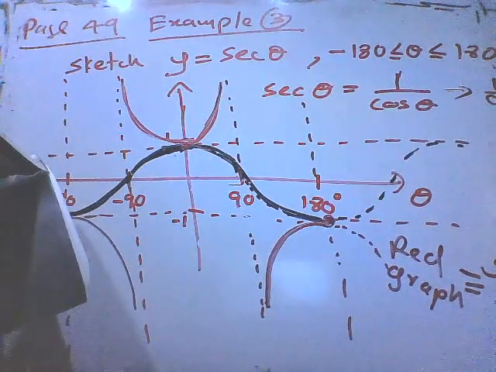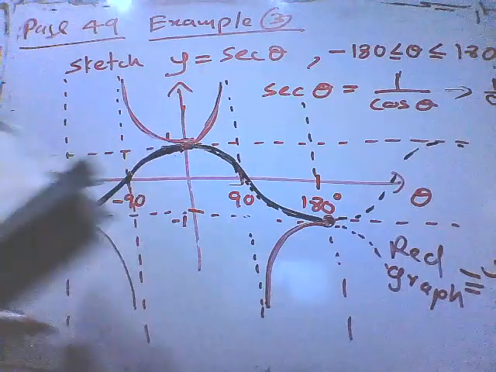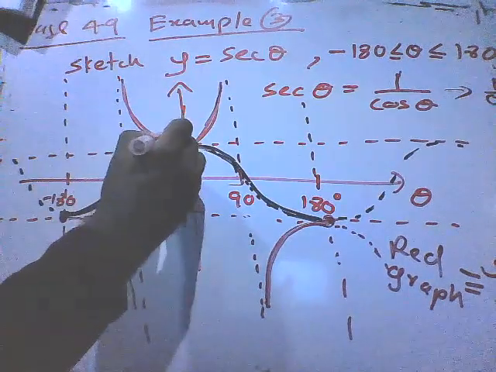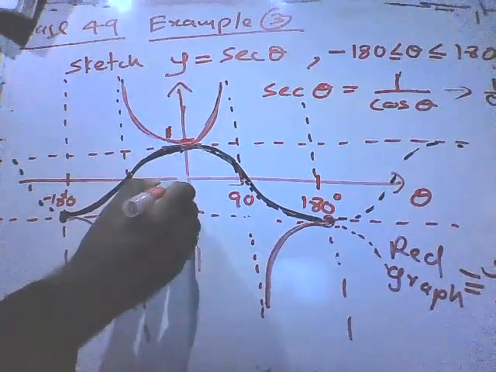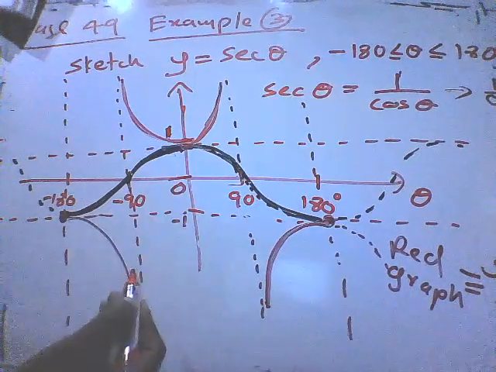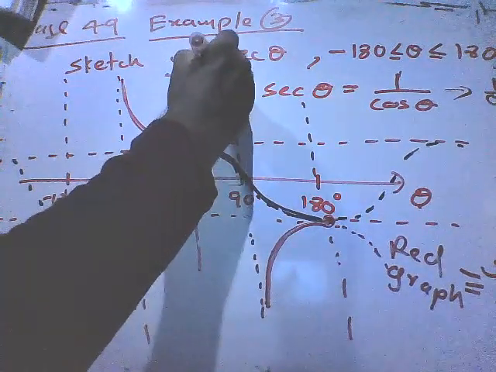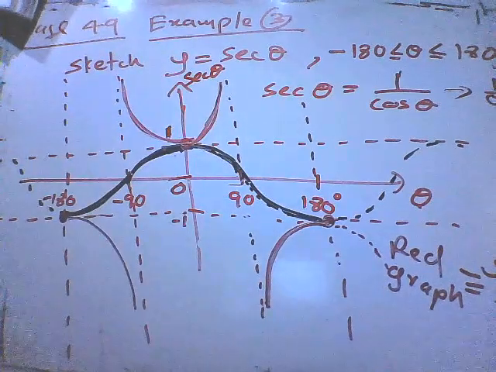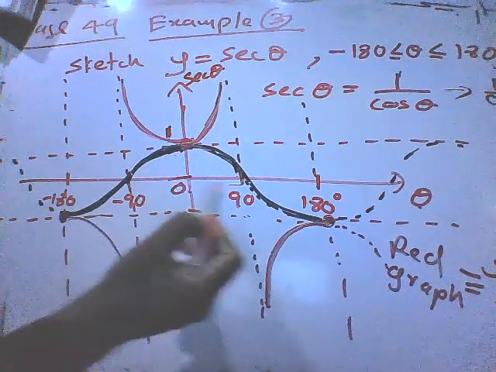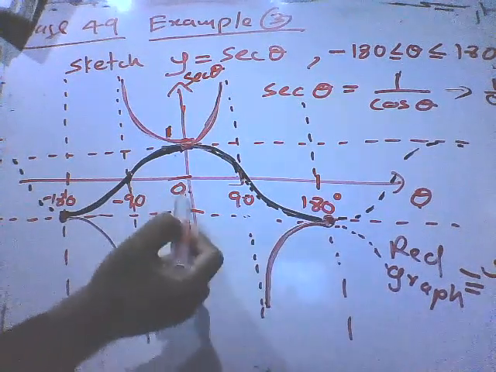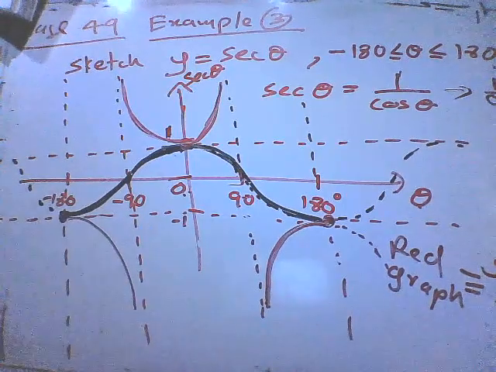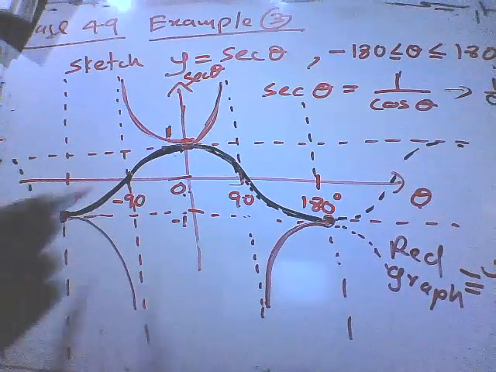Now we'll see whether we drew the most important values here. I have not shown this 0, that should be there, theta should be there, and here we have to put sec theta. Sec theta should be there, and I have put the critical boundaries. Now this is a sketch, but these things should be there at least up to here, right?